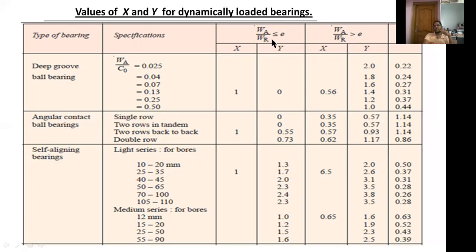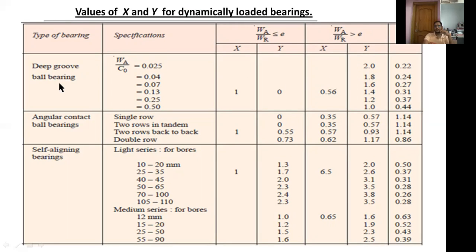When the load ratio is less than or equal to e, we use these values. When the load ratio is greater than e, then you have to consider these values. Here e is the load ratio value. By using these load ratio values, you have to consider X and Y values.